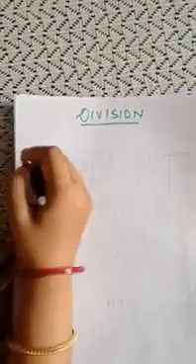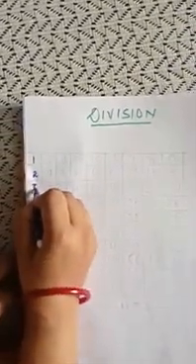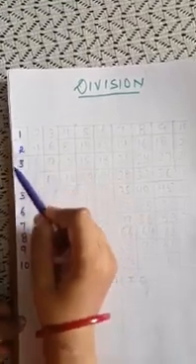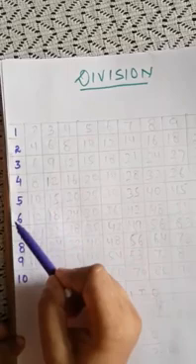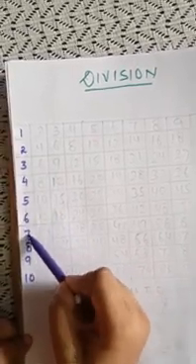So let's start with the table of 1. 1 times 1 is 1, 2 times 1 is 2, 3 times 1 is 3, 4 times 1 is 4, 5 times 1 is 5, 6 times 1 is 6, 7 times 1 is 7, 8 times 1 is 8, 9 times 1 is 9, 10 times 1 is 10.